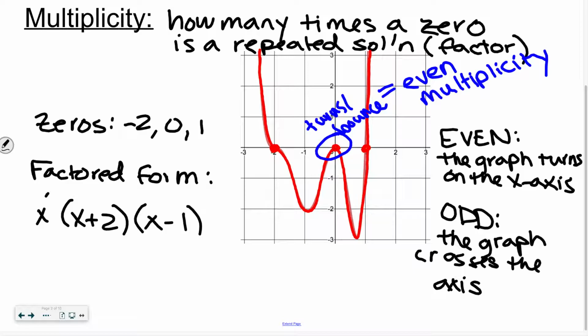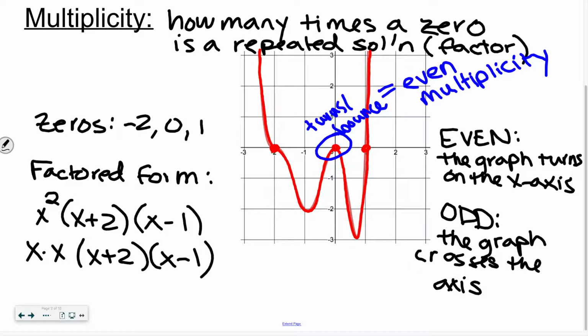So maybe there's an x squared out there. Do you agree that's a factor of x times x? And that means that it repeats an even number of times. That's what I'm referring to as even. That it repeats twice, and that's even.